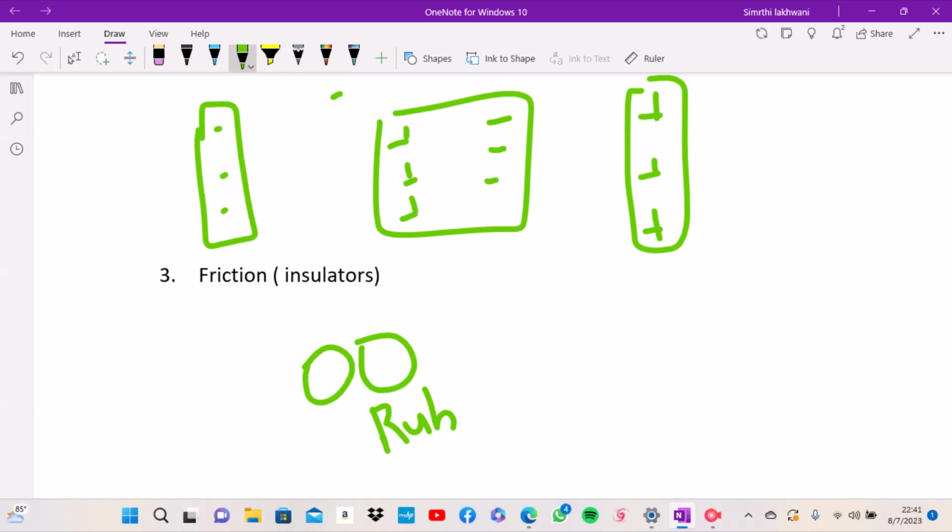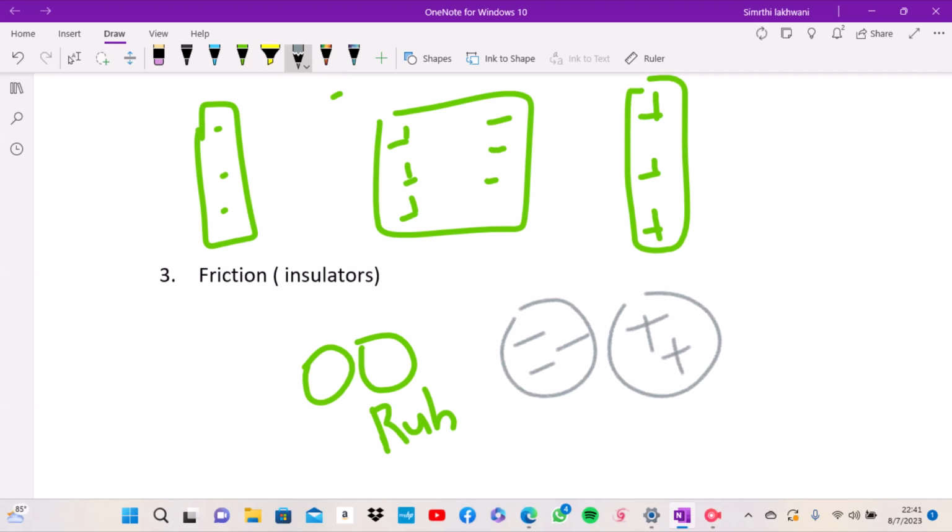Now this kinetic energy will convert into thermal energy, and the electrons in the outermost shell will get the ionization energy, and they will get ionized. The electron will jump from the outermost shell, and the body will become charged.